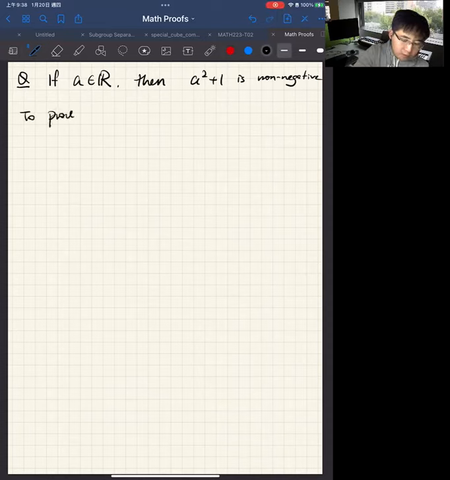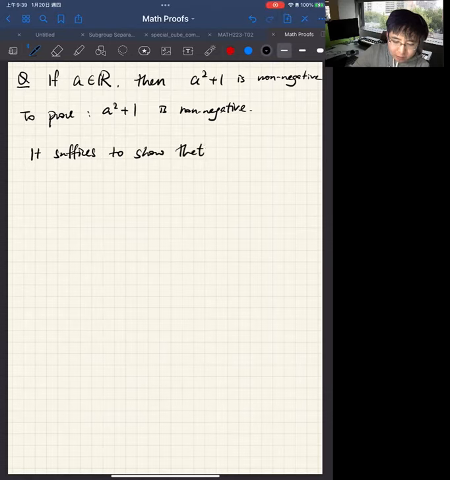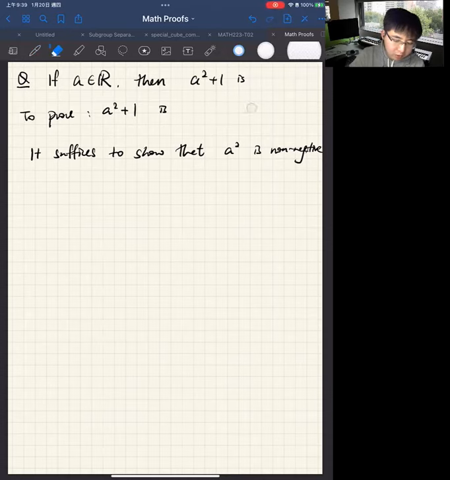To prove that A squared plus 1 is non-negative, I'm going to say the following: it suffices to show that A squared is non-negative. Or even if I change it to positive, it still works. So let's change it to positive.